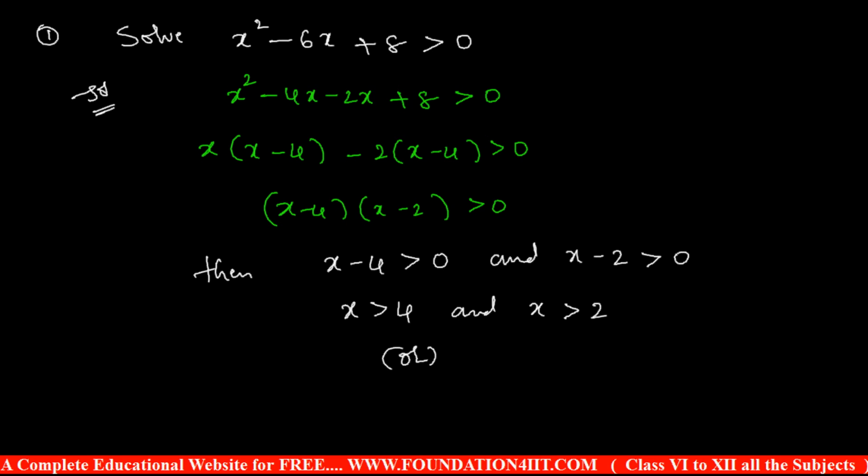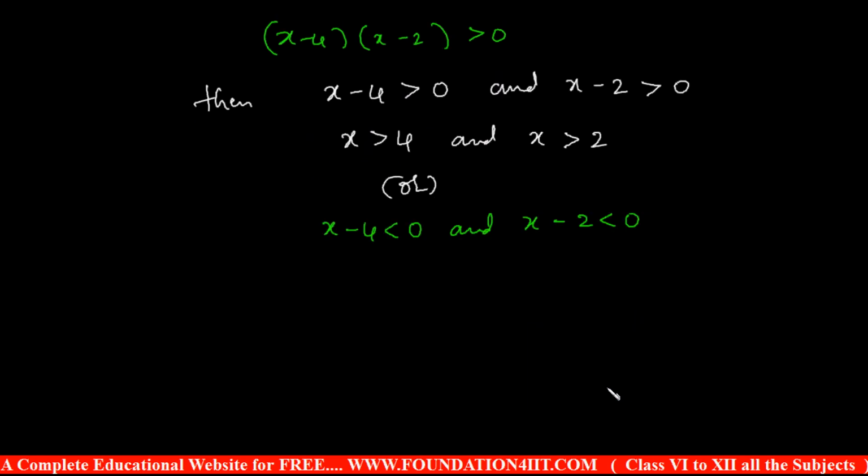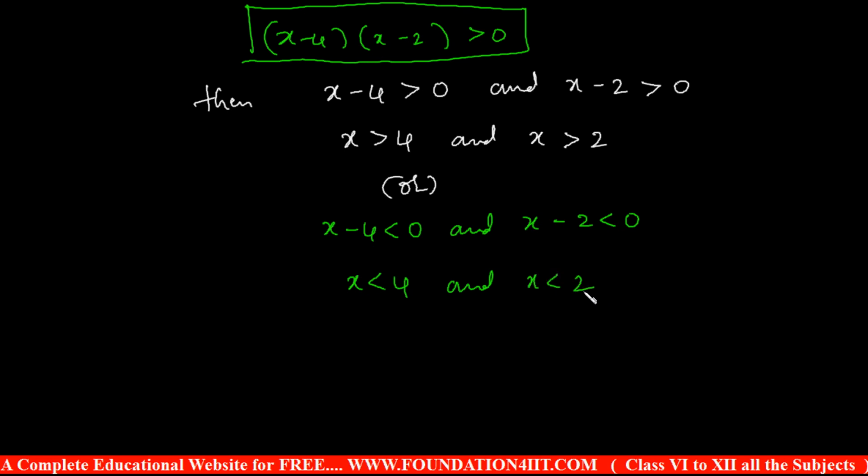Or both must be negative, that is x minus 4 is less than 0 and x minus 2 is less than 0. From this x is less than 4 and x is less than 2. So this is the solution set: x is less than 2 and x is less than 4.